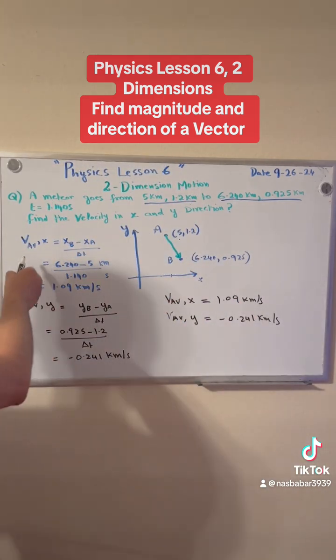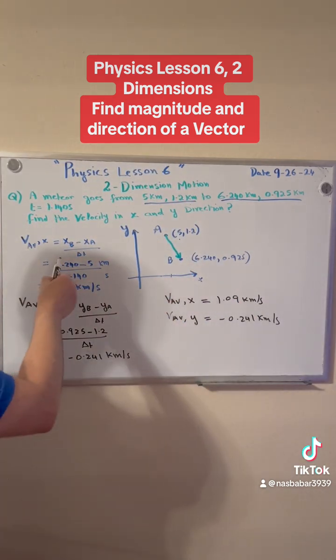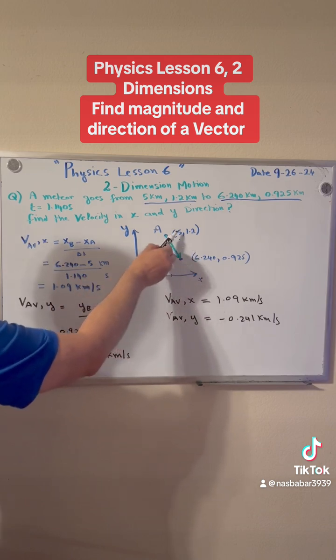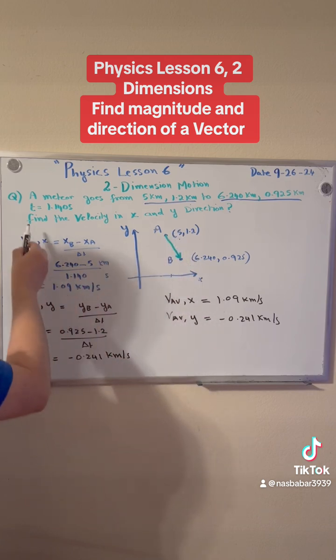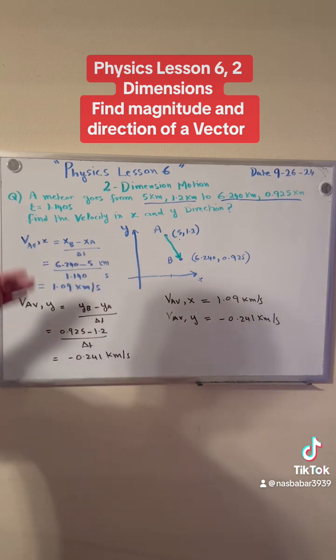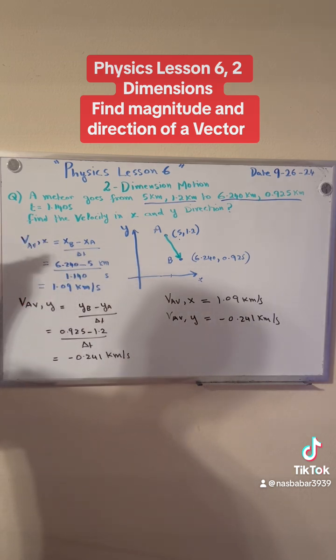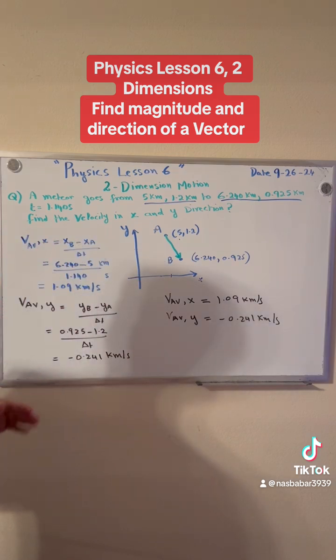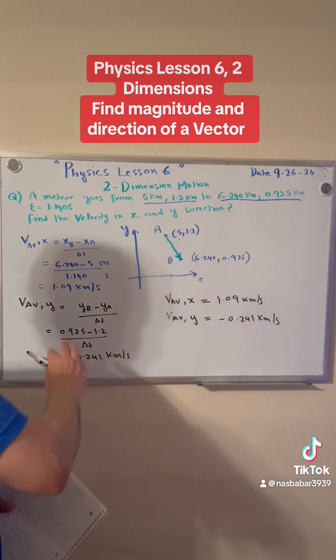So we solved this. We calculated V average by subtracting XB minus XA over the time, which was given as 1.140 seconds. So we calculated V average with respect to X, and then we calculated V average with respect to Y. So that all is good.